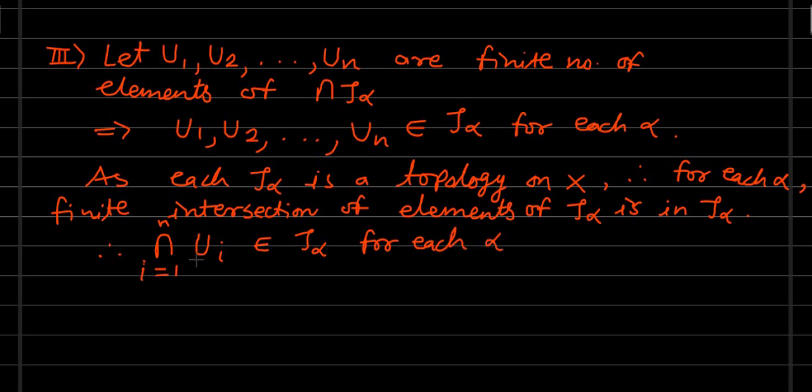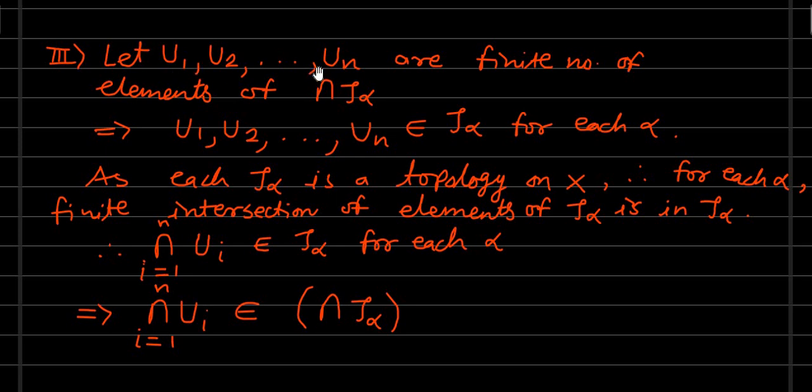And if this intersection belongs to each τα, which obviously means that this intersection of ui over i equal to 1 to n belongs to the intersection of τα. So see what we have shown in this third condition.